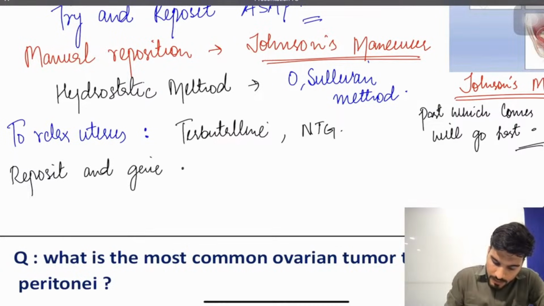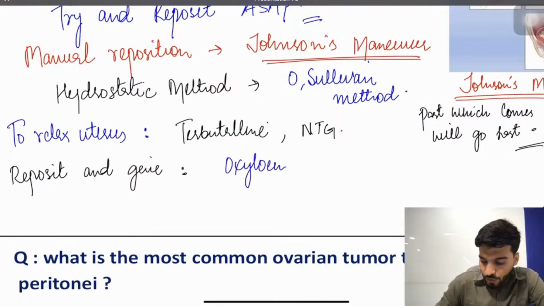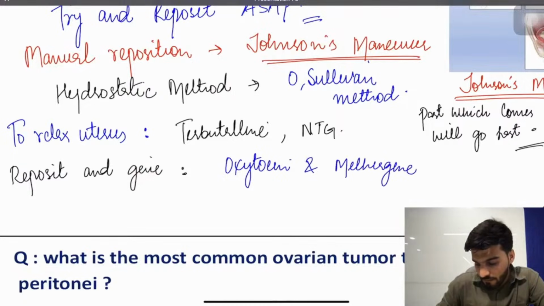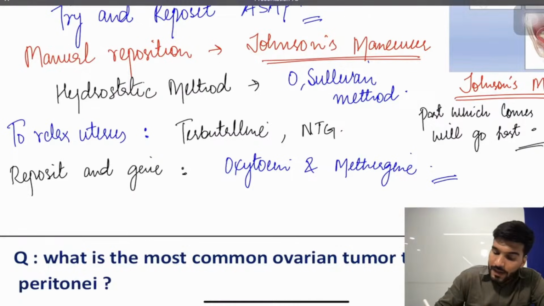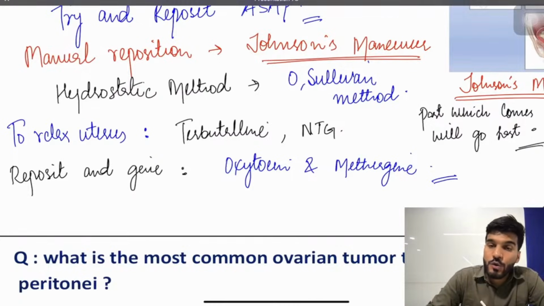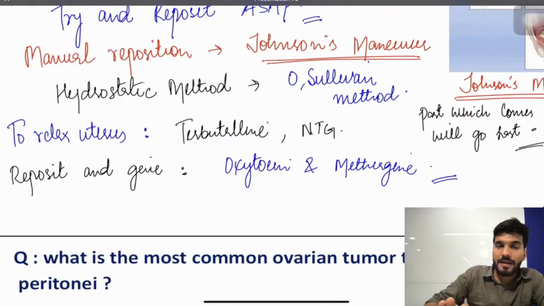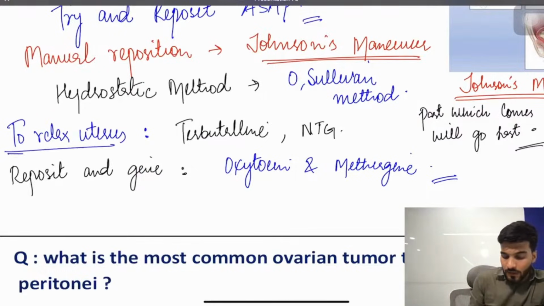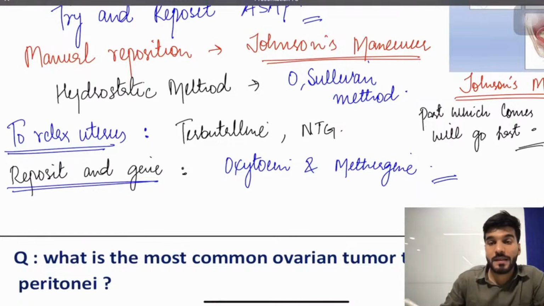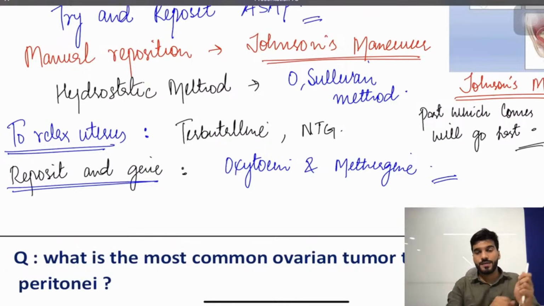Once you put it back, give oxytocin and methergine so that bleeding will not occur, so that you stop the bleeding. Make sure you remove the placenta once you make the uterus relax after giving the drugs. पहले back करो, relax करो drugs के साथ, then remove the placenta, if the placenta is attached. Some say remove the placenta prior, some say after, but you need to relax the uterus first with the help of drugs. So पहले relax करके terbutaline देके, then we can remove the placenta.